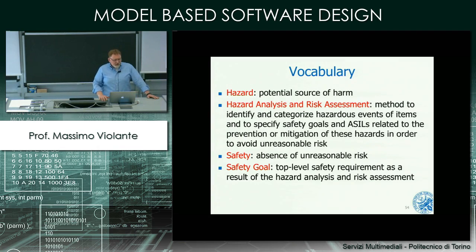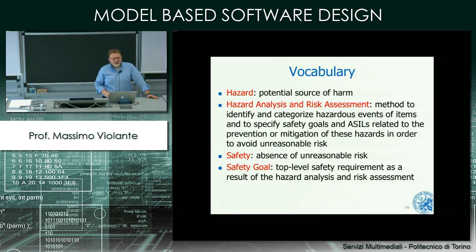Once we have enumerated the possible hazards that could affect an item, we can perform the hazard analysis and risk assessment. This is a very important part of the standard. This is something that we will learn to do here. This is something that will be part of the exam.